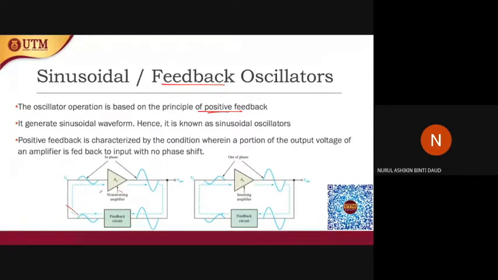But for the out of phase condition, the feedback waveform will have a slight phase shift to make sure that the input of the oscillator will be in phase again. So that is basically the feedback. For in phase it's very easy: the amplifier will just amplify the amplitude.